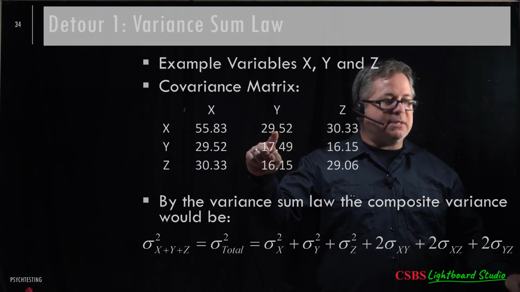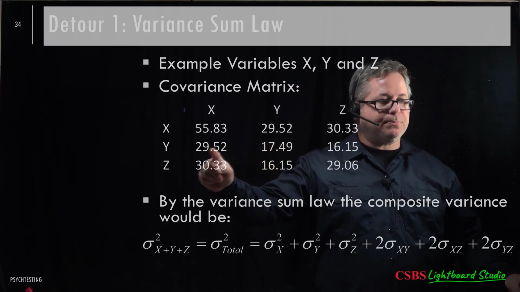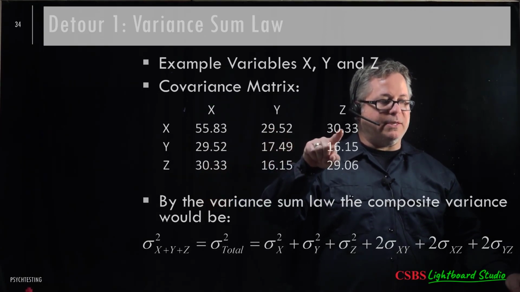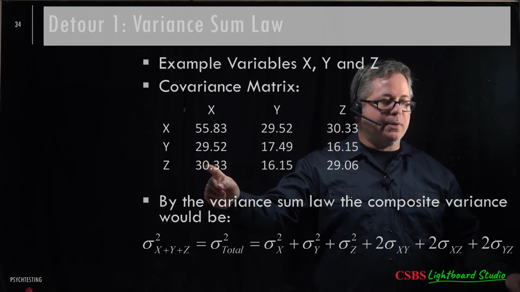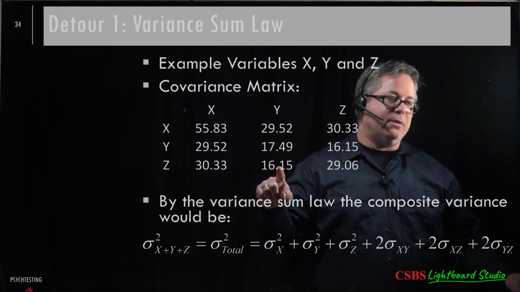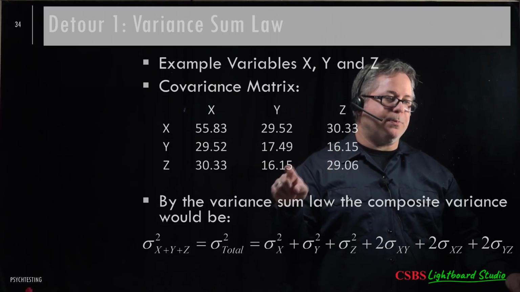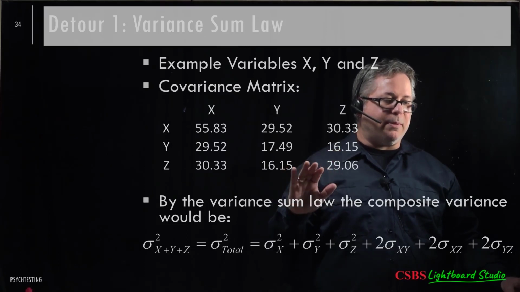Yep, which is why it's the same as the covariance of y and x. Those two numbers are the same number. This one's the covariance between z and x. This is the covariance between x and z. Same number. This is the covariance between z and y. This is the covariance between y and z. Same number. Okay.